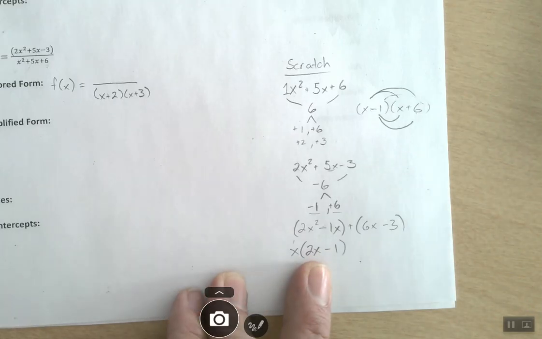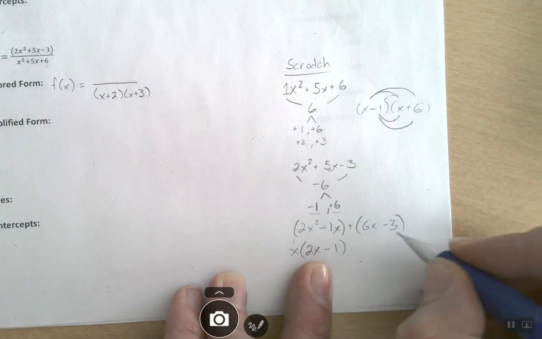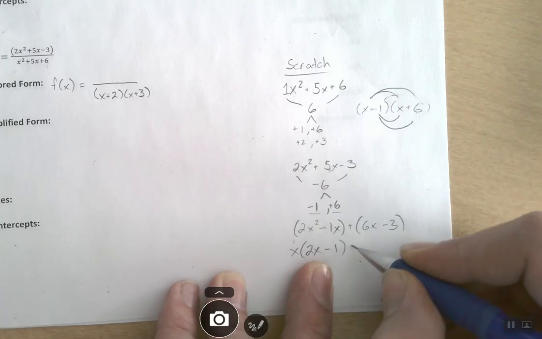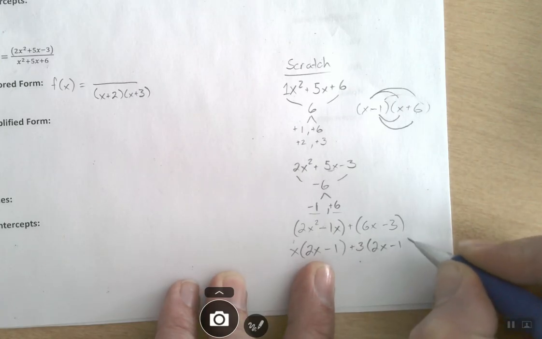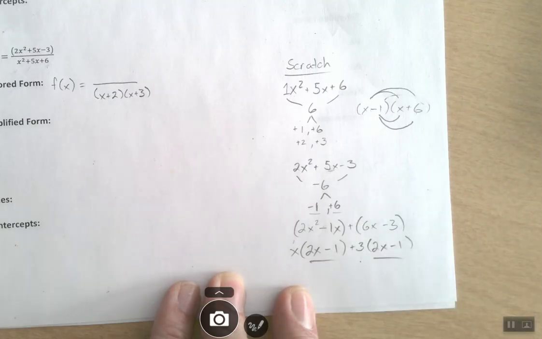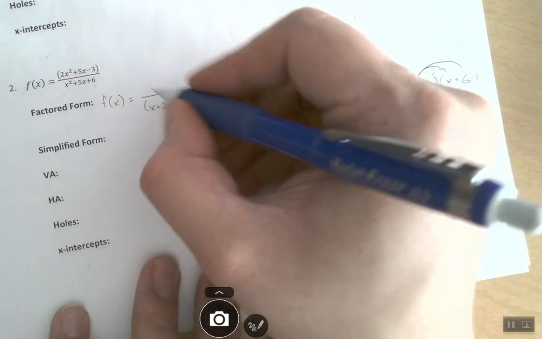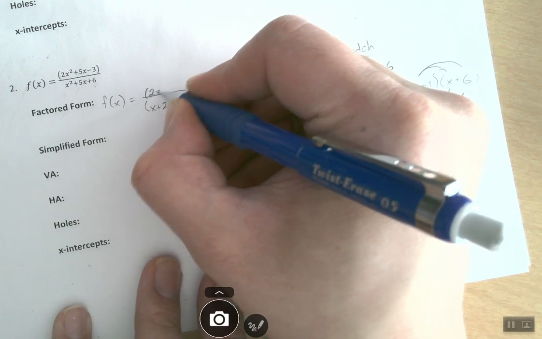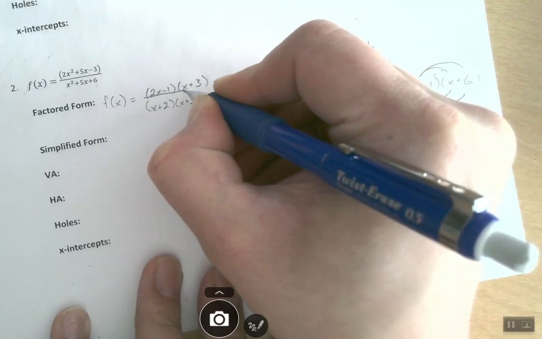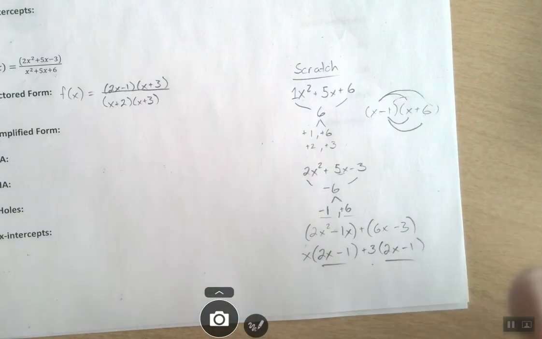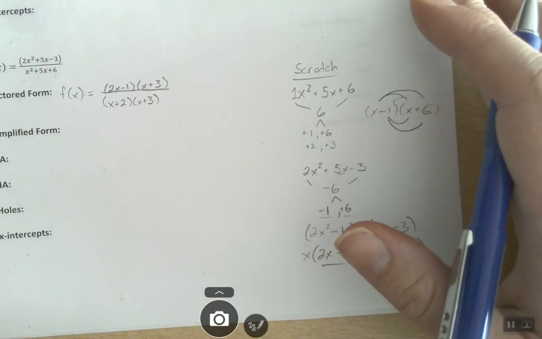If they're not the same, you're wrong. What could I possibly factor out of both of these? A 3. And if I take out a 3, it's a 2x minus 1. Do these match? So what's one of my 2 factors? 2x minus 1, and the other is x plus 3. Okay, we have our completely factored form.